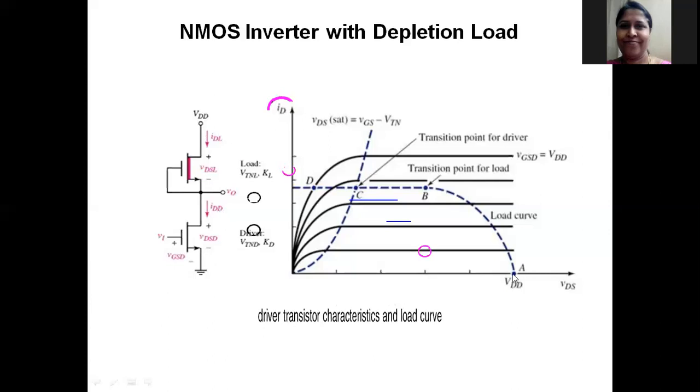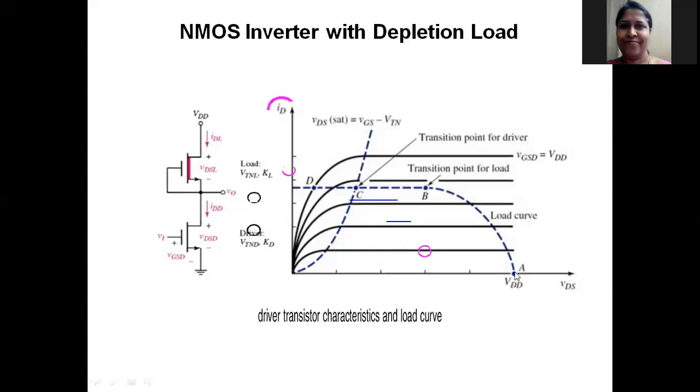So when VDS of the enhancement device is 0, VDS of the depletion device will be maximum, as VDS of the enhancement device starts from here and VDS of the depletion device starts from here.